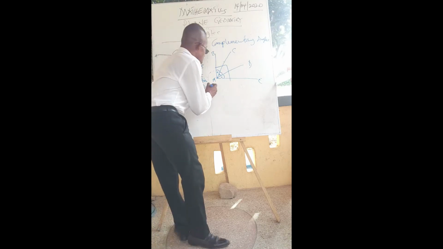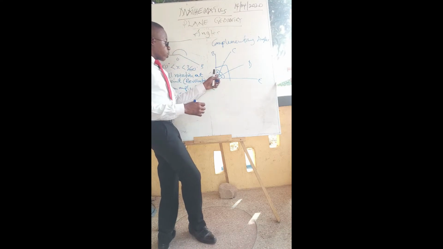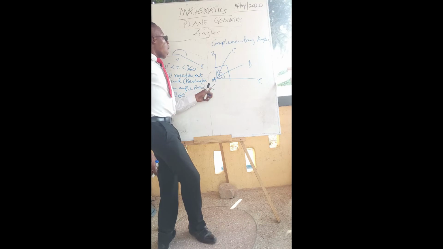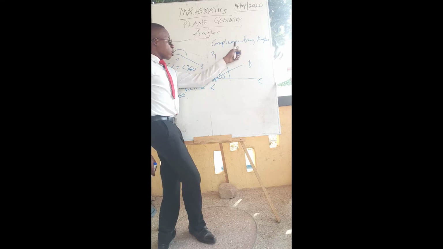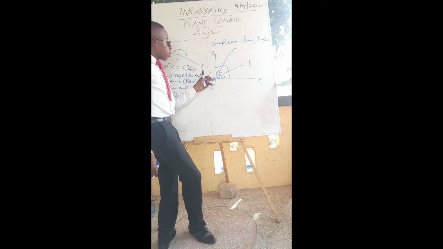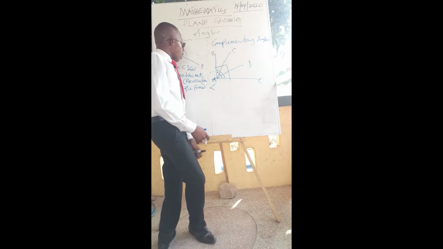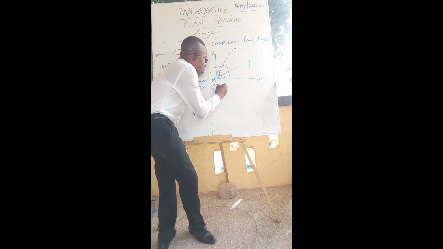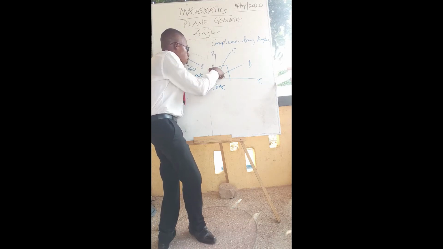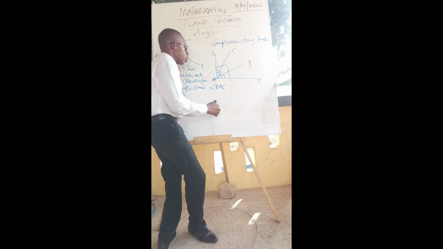So to describe angle A, it should be angle BAC, meaning the line BA and then AC, where the area that the lines enclose becomes the angle. That is how we describe angle A, BAC: BA, then A to C. These two lines, the area they have enclosed, that's the angle we are describing.